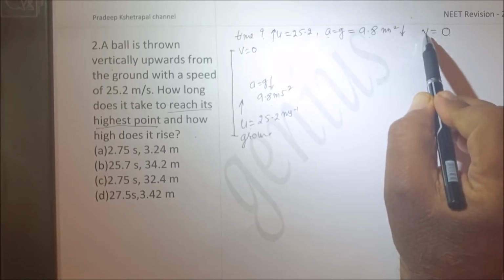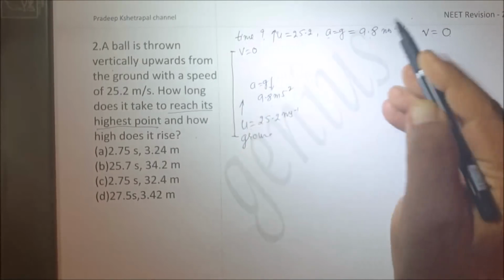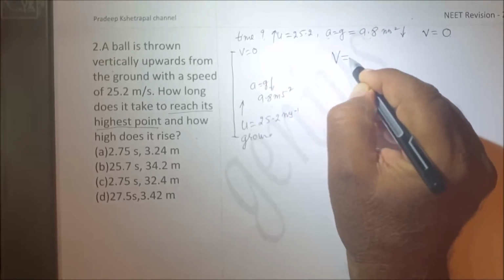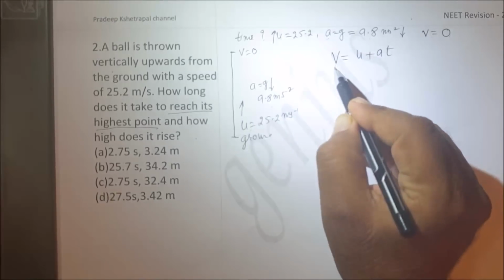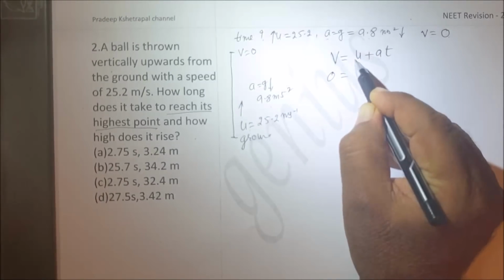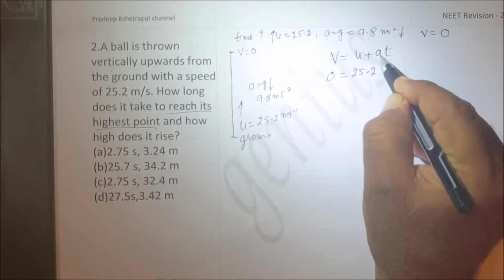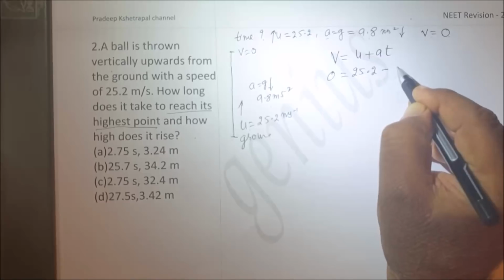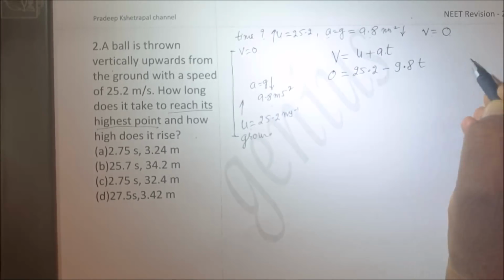So now we have u, v, a and t, these four, and we have the relation v is equal to u plus at. Put the values here: 0 is equal to 25.2, acceleration is negative and its value is 9.8, into t.